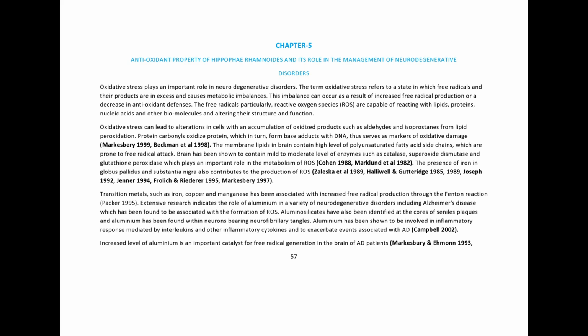Aluminium has been shown to be involved in inflammatory response mediated by interleukins and other inflammatory cytokines and to exacerbate events associated with AD, Campbell 2002. Increased level of aluminium is an important catalyst for free radical generation in the brain of AD patients.